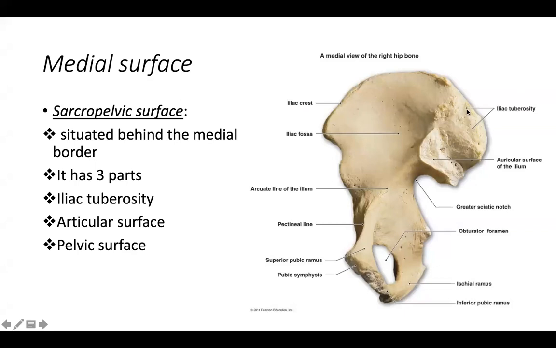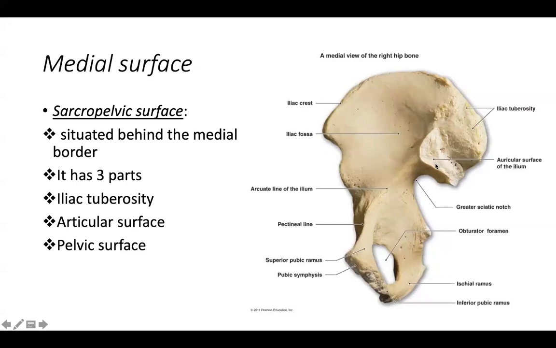The iliolumbar ligaments are also attached to this area of the ilium, which is the iliac tuberosity. So the iliac tuberosity is a rough area giving attachment to what ligaments? One is the sacroiliac ligament. Number two is the iliolumbar ligament. Next, this is the articular surface, this one.